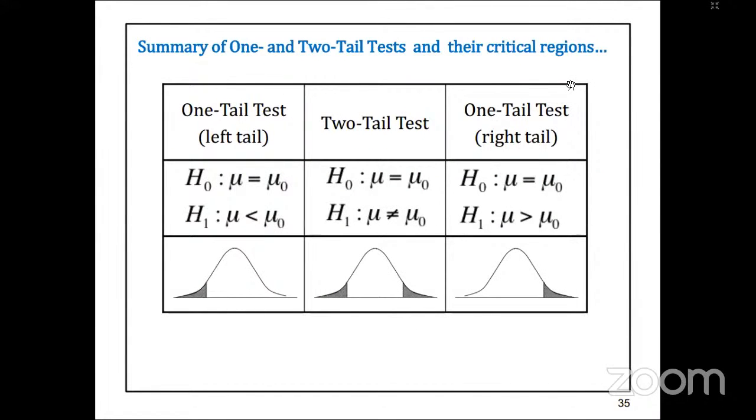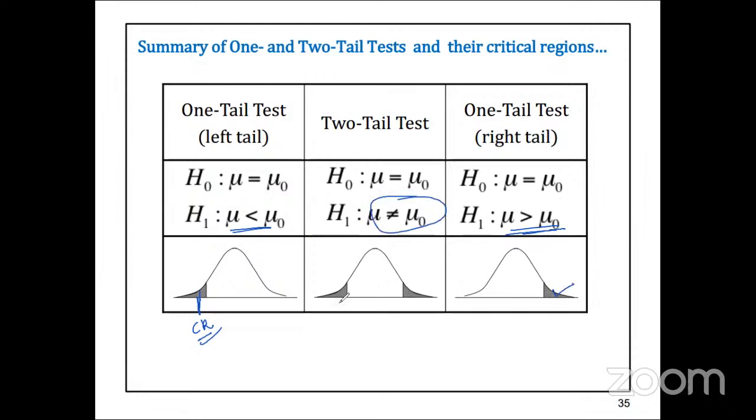Now, what will be the use of this alternative hypothesis? I was talking about this shaded region. This shaded region is actually the critical region. When your alternative hypothesis is of this type, the critical region will be on this side.